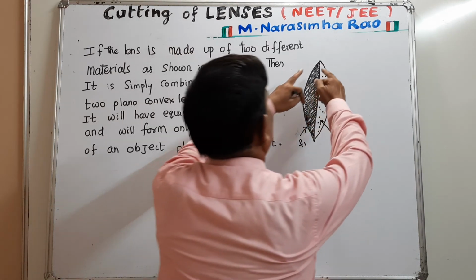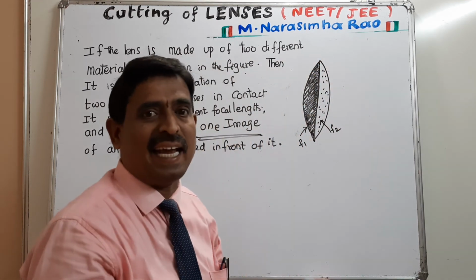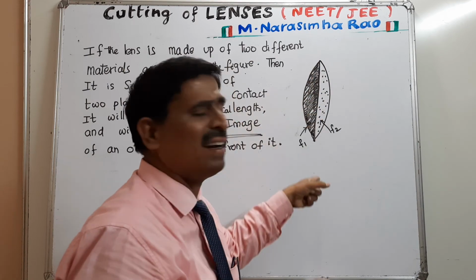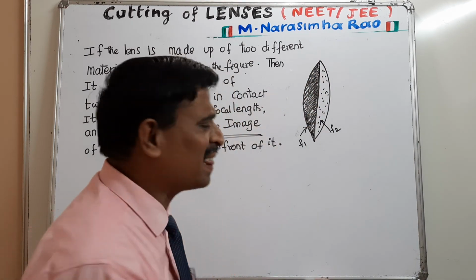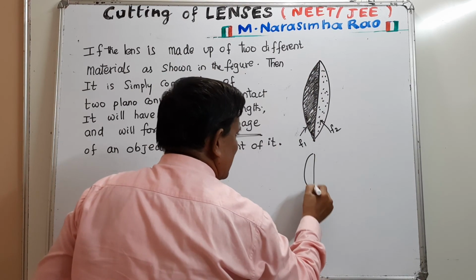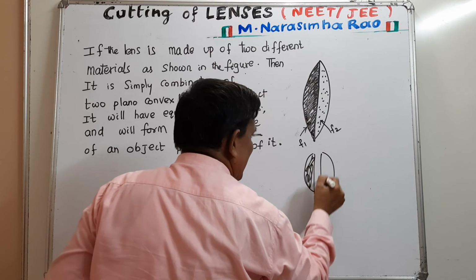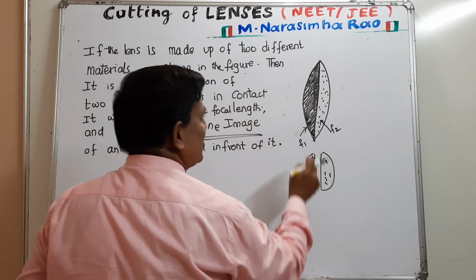If the convex lens is made of two different materials as shown in this figure, it is nothing but this is one plano-convex lens, this is another plano-convex lens.